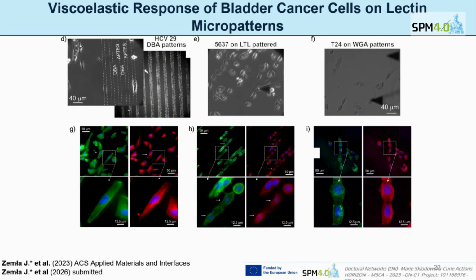And in case of cancerous cells, it is also important because with cancer progression, the abundance of different sugar groups, the presence of different sugar groups is related to the cancer grade. So one could think that if we have a lectin pattern and we have cancerous cells, they should be very happy to just attach to the lectin pattern.